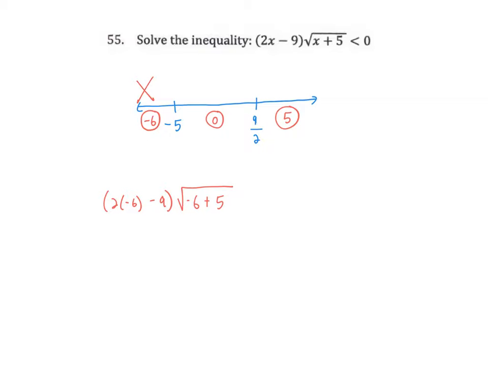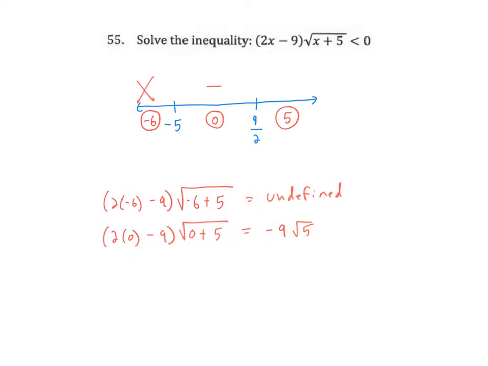Okay, next one, plug in 0: 2 times 0 minus 9, times the square root of 0 plus 5. This ends up being -9, and the next thing ends up being the square root of 5. It doesn't matter that it's negative 9 square root of 5; the most important thing is that it ends up being a negative number.